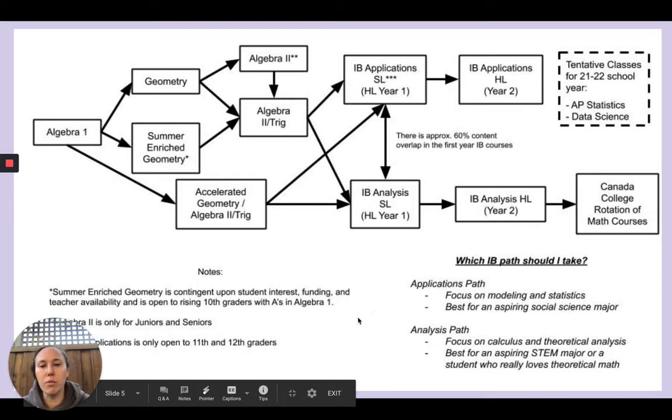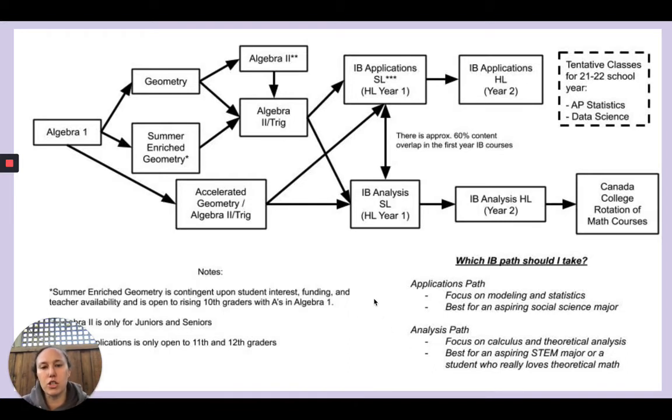So when we're having students choose which class they would like to take, we ask them to think about what they're interested in, what they might want to focus on in college. And if they're thinking about doing something related to math or to STEM, then we suggest the analysis path.